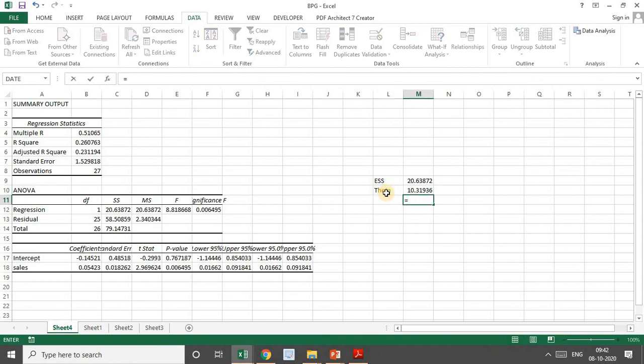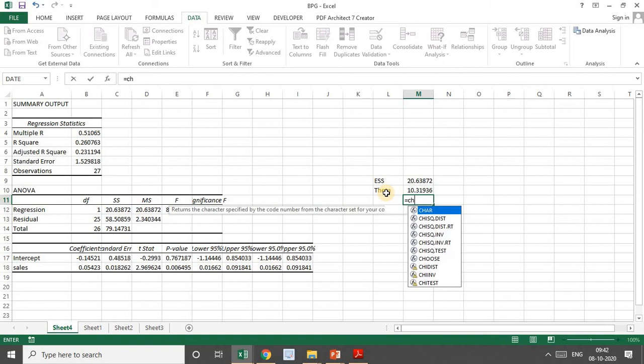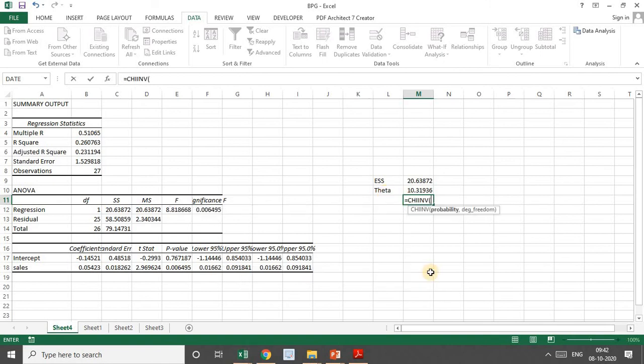Now you take the chi inverse. 0.05 comma 1. Yes, 3.8. Okay, so here now you look at actual value is greater than table value.